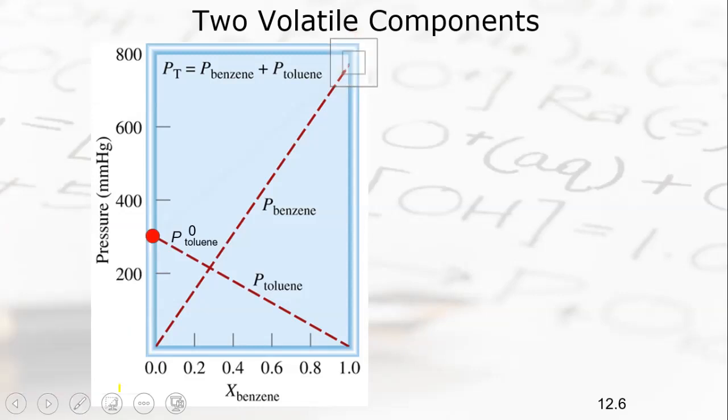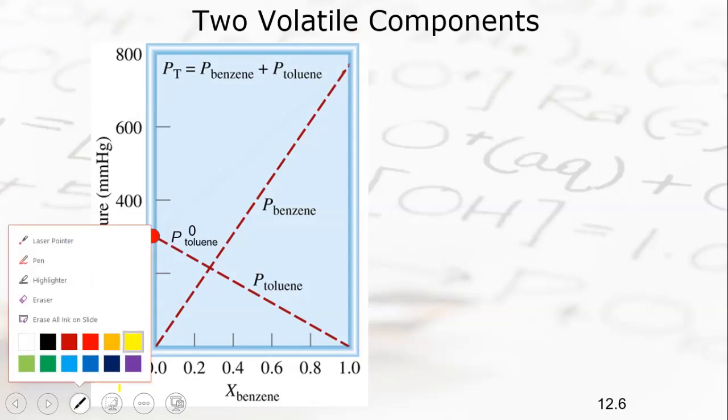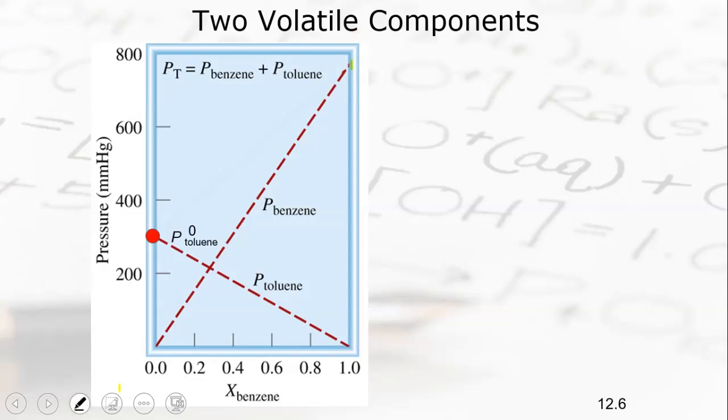You can see it there where I'm highlighting. Right there at the end. At that point where the mole fraction of benzene is 1, that is where the vapor pressure is just the same as the pure benzene's vapor pressure.